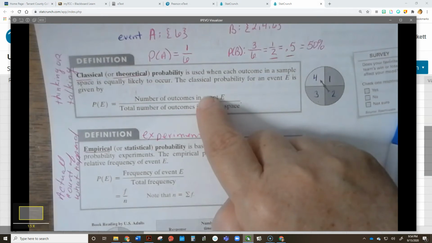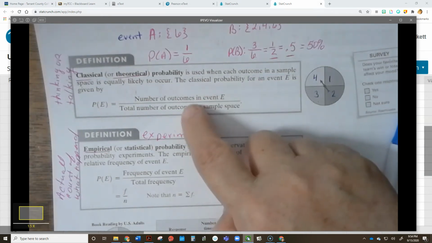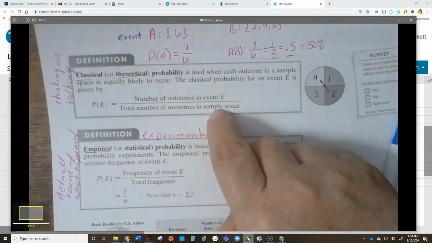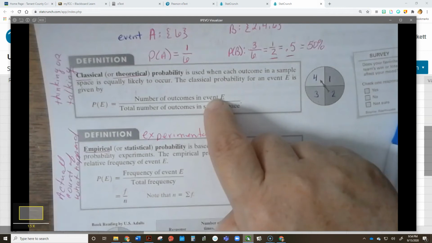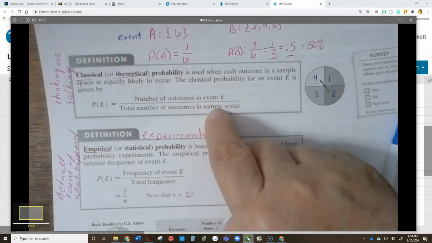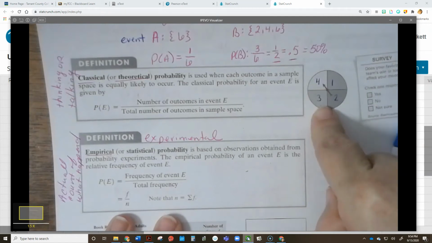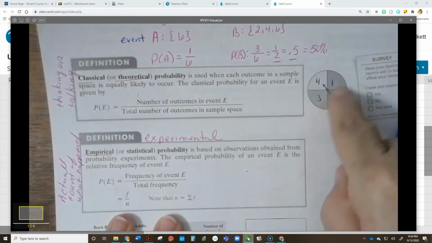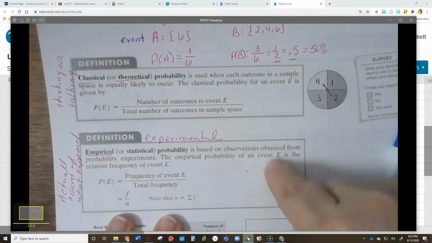If it's theoretical probability, you put the number of outcomes in event E on top and the number of outcomes in the sample space on the bottom. So it's the part that you're looking for out of the total sample space. If we're talking about theoretical probability right here, and let's say that I define this spinner so that the event I'm interested in is landing on 1.